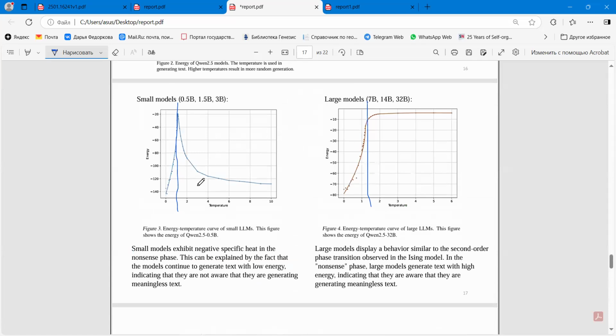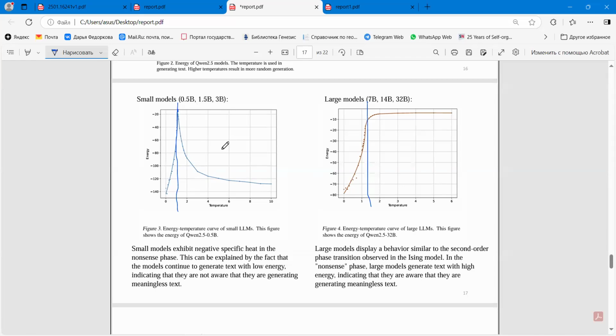Yeah. So on this graph, I thought that at small temperature, the energy is smaller, and that's when you produce meaningful results. And then at large temperature, you don't produce meaningful results because of this. Yeah, I'm confused.